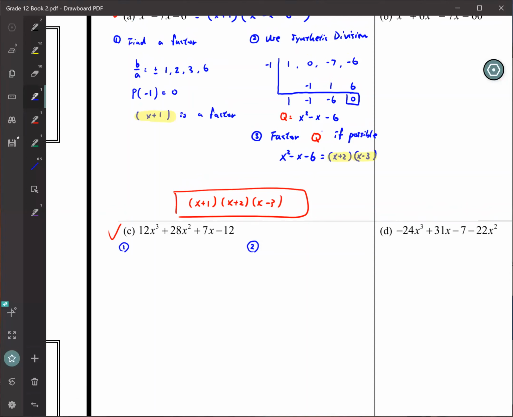A is not 1 this time. So b is coming out from here. A is coming out from 12 as well. So please list out the b over a and then try to find one of them. You just need one.